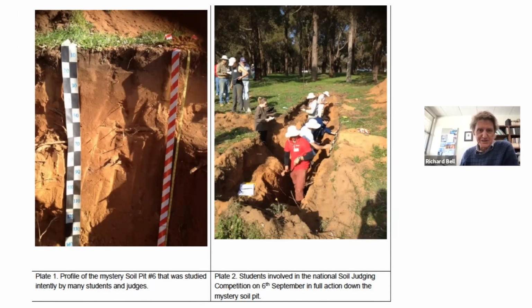So this is one that we did at the Whitby Farm. Remember, we were going to go to Whitby Farm and look at some of these profiles, but we didn't quite make it.